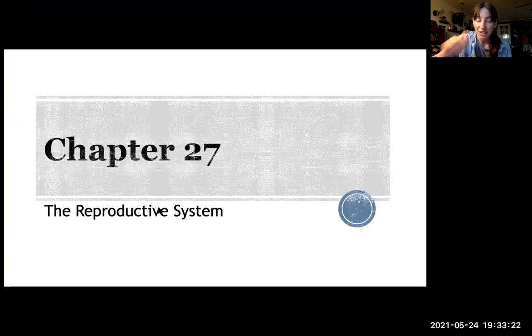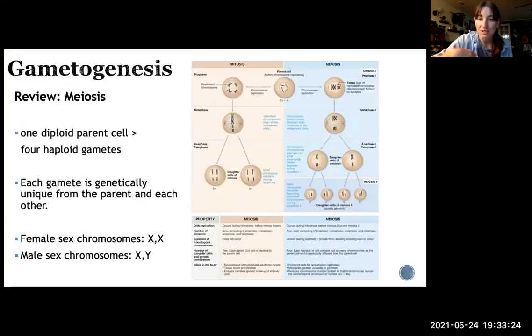And here we go. Chapter 27, Reproductive System, begins with a little review of the dreaded and widely hated concept of meiosis. Okay, so taking us back to Bio 50A, just a little review here. Remember, mitosis is the division of body cells.